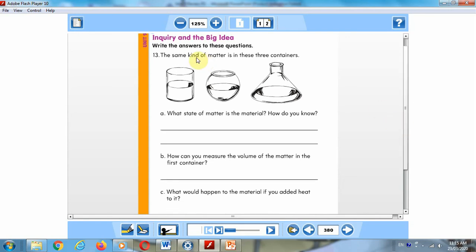Write the answers to these questions. 13. The same kind of matter in these three containers. These three containers have the same kind of matter inside. What state of matter is the material inside these containers?